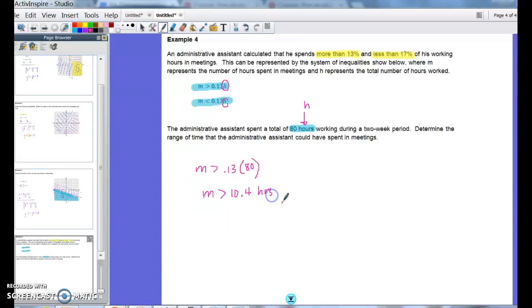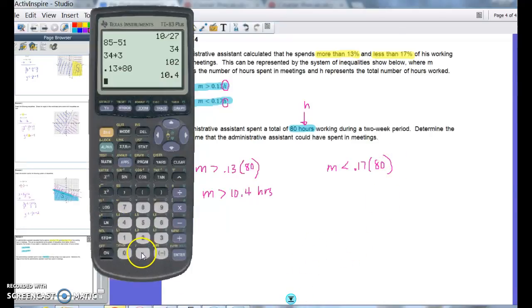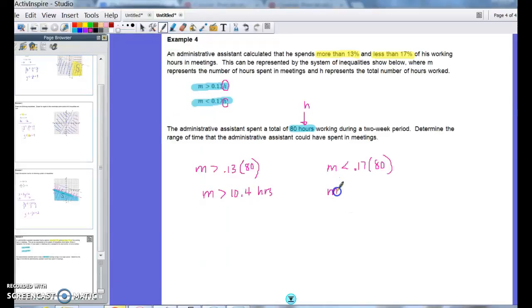So he's going to spend more than 10.4 hours in meetings, but then he's also going to spend less than 0.17 times 80. So let's do that. 0.17 times 80. And that would be M is less than 13.6.